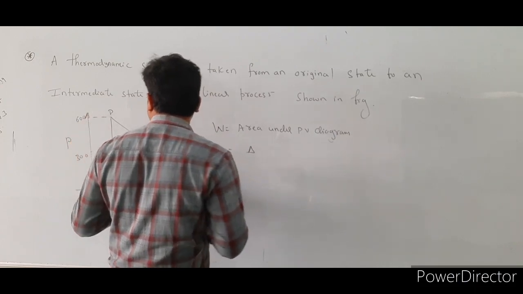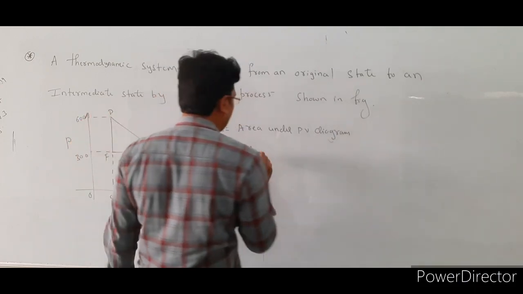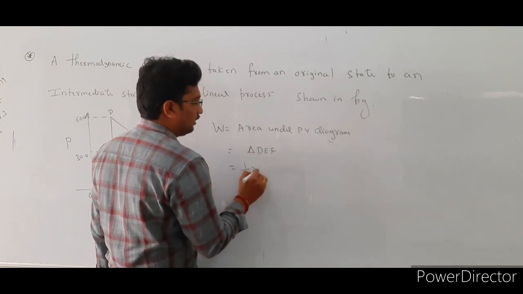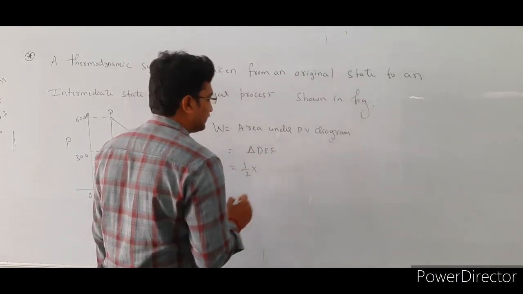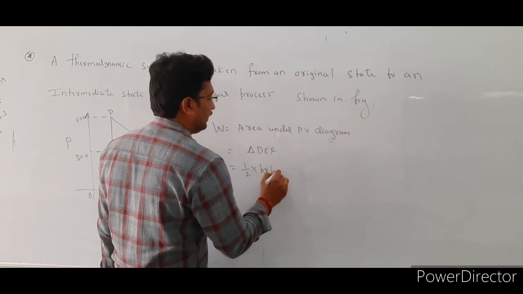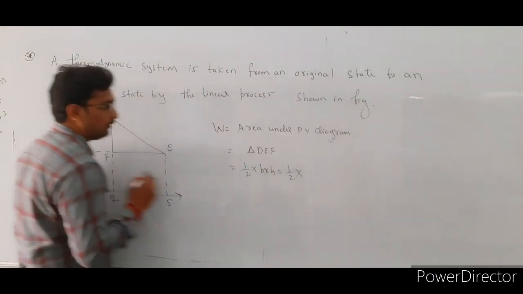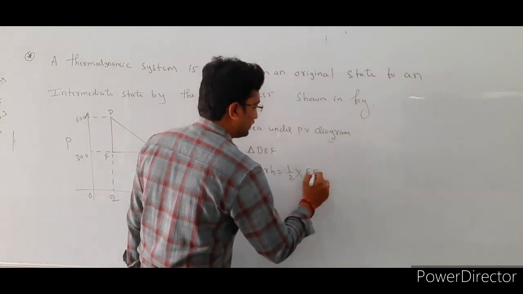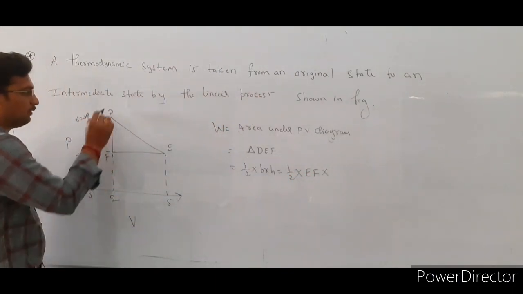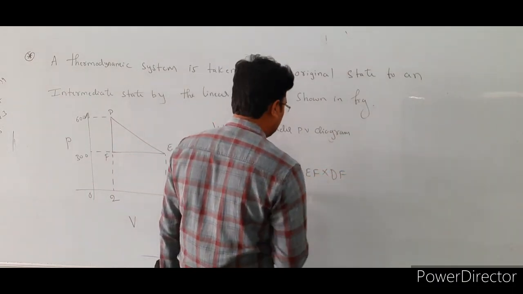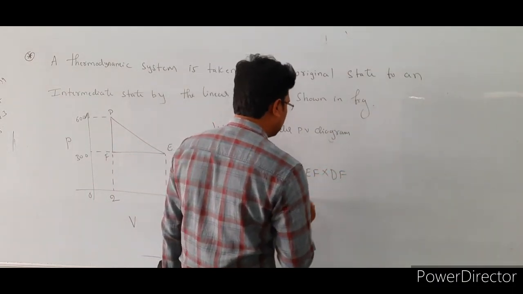Okay, see here the area of a triangle. Consider the triangle DEF. Already we know the formula to find the area of a triangle, that is half into base into height. What is the base value here? Base value is EF, height value is DF. Substitute here, this is 1 by 2 as it is.